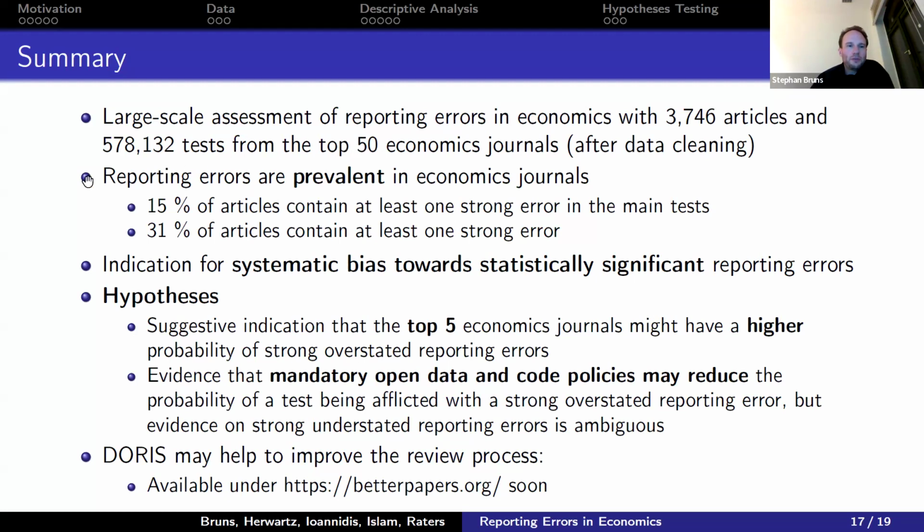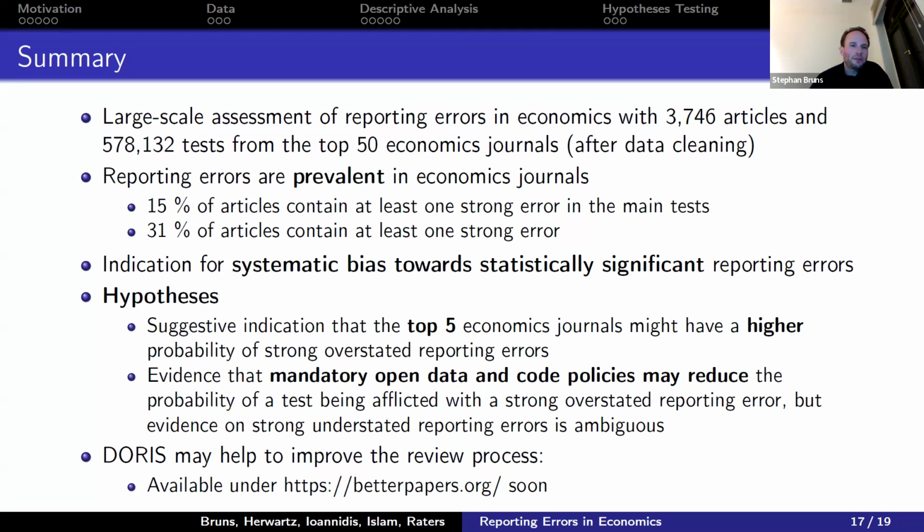We find, very similar to other disciplines, that reporting errors are prevalent in economics. 15% of the articles contain at least one strong error in the main tests, and roughly 31% have a strong reporting error somewhere in the paper. And we find some indication of systematic bias towards statistically significant reporting errors.